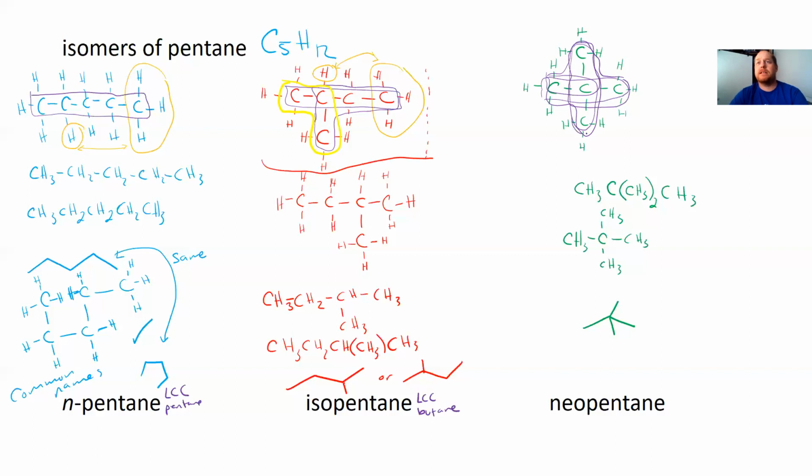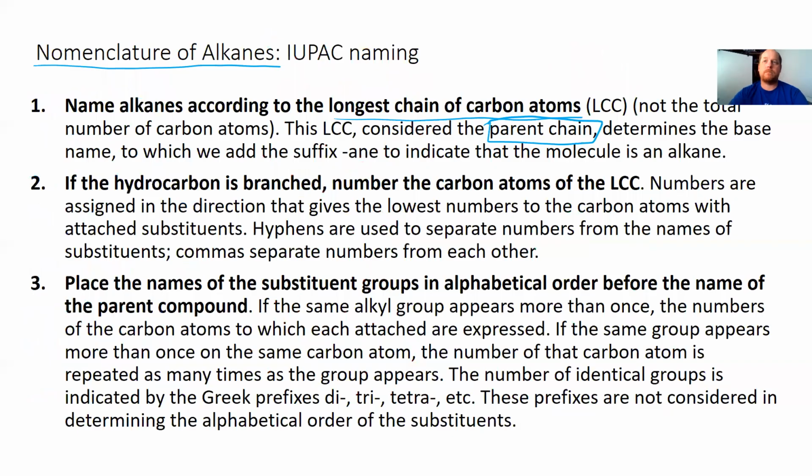In this case, there are 6 different ways that you could potentially get a 3 carbon long chain, but that's still as long as it can go. So this longest carbon chain is 3 carbons, and that'll be a propane. And if it helps, I'll put the number of carbons in each of these. Okay, so that's the first thing: finding that longest carbon chain.